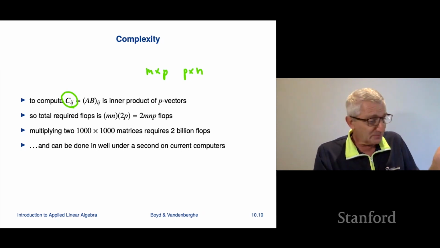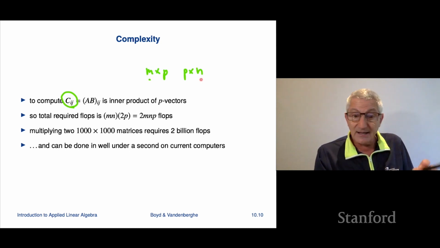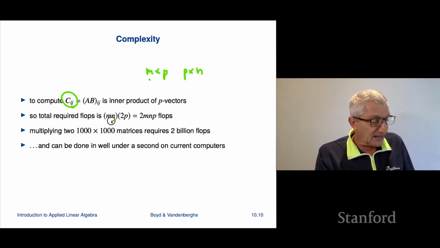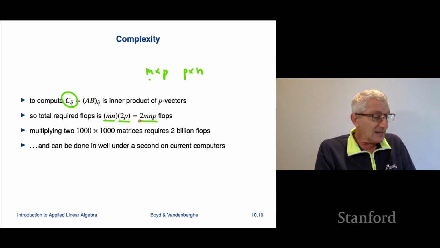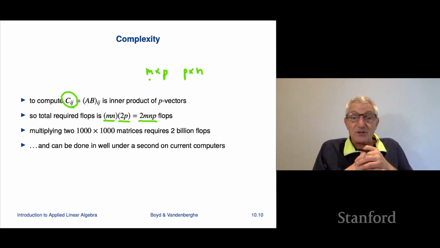It's just 2P. And C is going to end up being M by N, so for all the entries I have to calculate an inner product, and I get 2MNP flops. So basically, the total number of flops required to multiply two matrices is the product of their dimensions. Well, the intermediary dimensions have to match on the two matrices, and so it's the product of the three numbers.